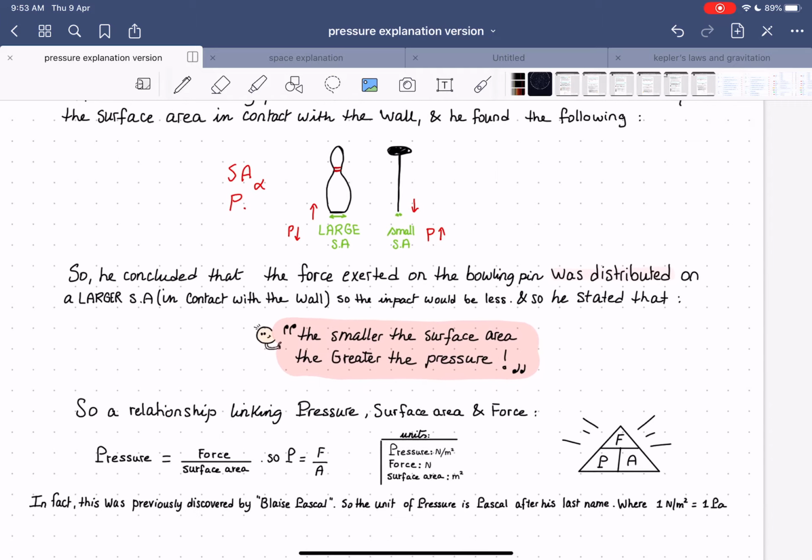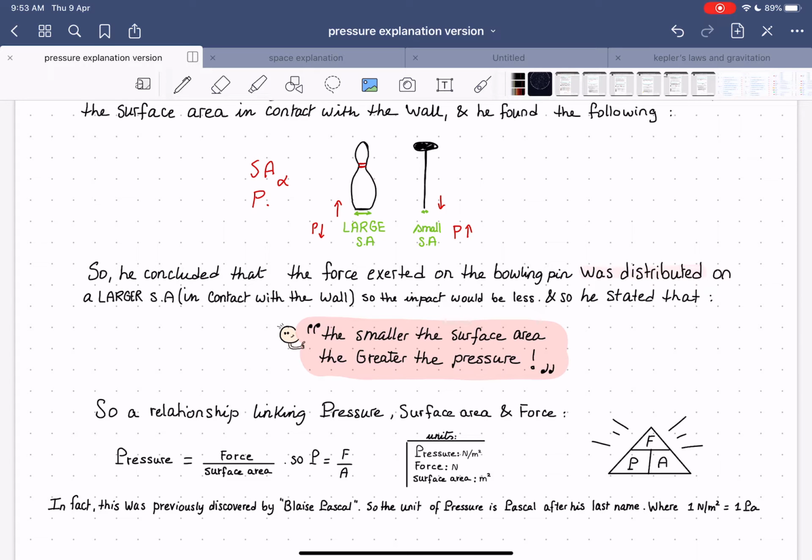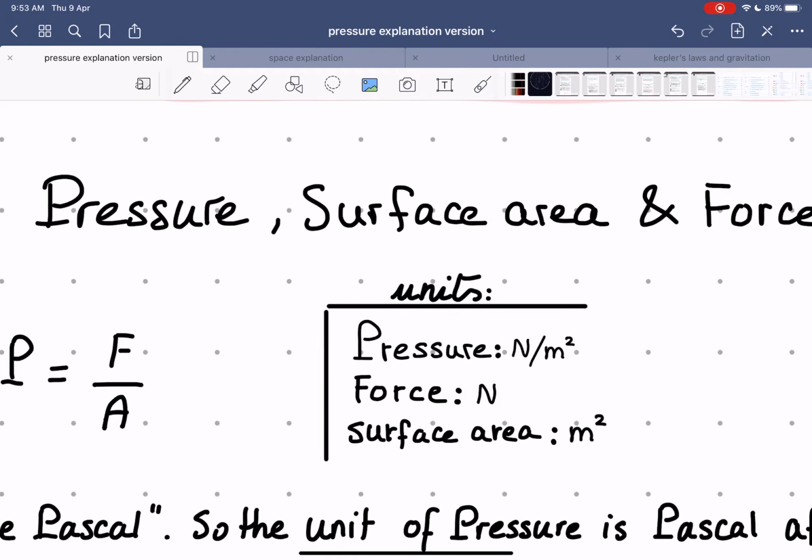And this can give us the relationship between pressure, surface area, and force, which states that pressure is equal to the force, how much force you're exerting, divided by the surface area over which this force is being distributed. Pressure has a unit that depends on the force in Newtons and the surface area in meters squared. So the pressure will have a unit of Newton per meter squared.